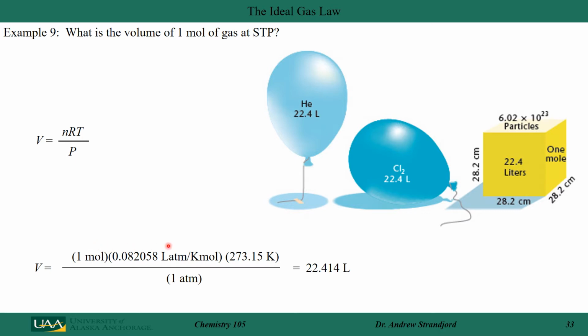The gas constant is 0.082058 liter atmosphere per K mole. My temperature at standard temperature and pressure is going to be 273.15 K. And my standard pressure is 1 atmosphere. Do the mathematics: 22.414 liters.